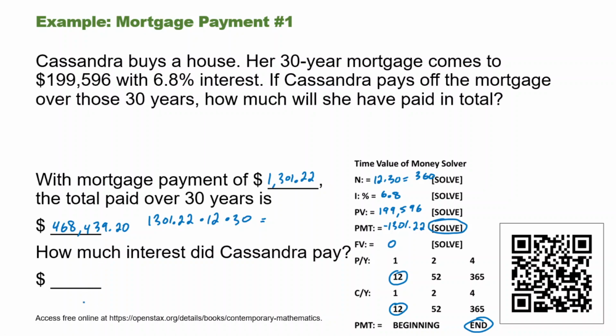And so the total amount of interest paid is $268,843.20. The value of the home is less than the amount of interest paid. This is how mortgages work, especially with a 6.8% interest rate.